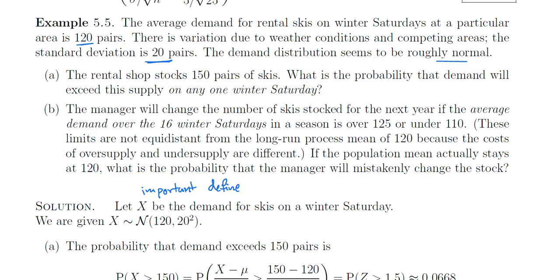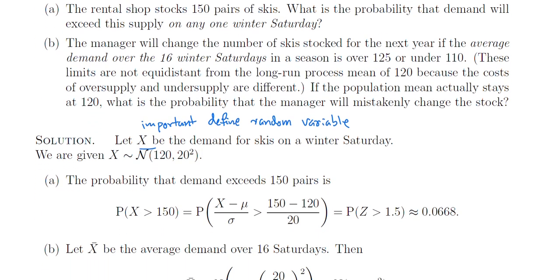So the very first step is to define the random variable. Let X be the demand for skis on a winter Saturday. If X is the demand, then it's normally distributed with mean 120 and variance 20 squared.